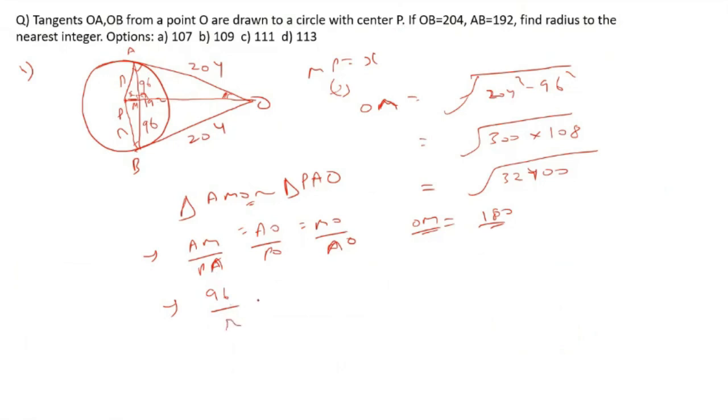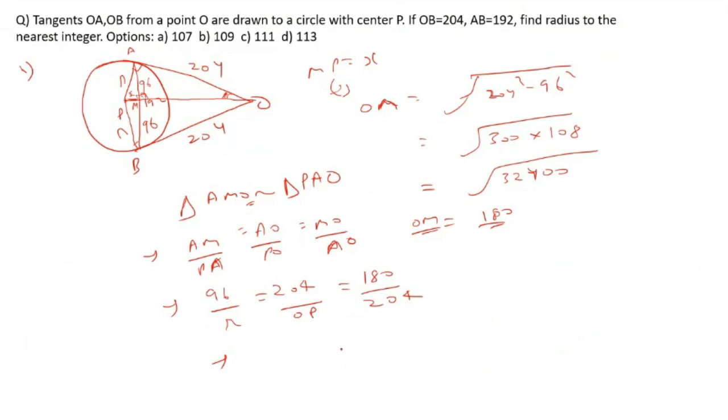PA is the radius which I need to figure out. AO is 204. PO, I don't know. MO is just figured out, 180. AO is 204.